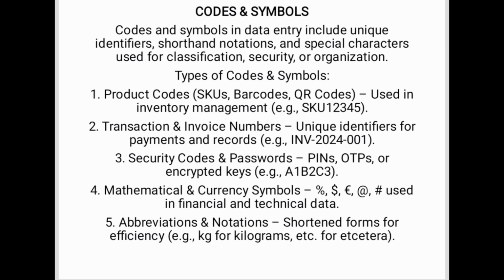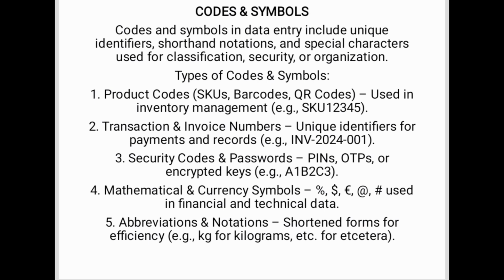And now we can move on to codes and symbols. Codes and symbols in data entry include unique identifiers, shorthand notations, and special characters used for classification, security, and organization. And here are the types of codes and symbols. Number one, we have product codes.